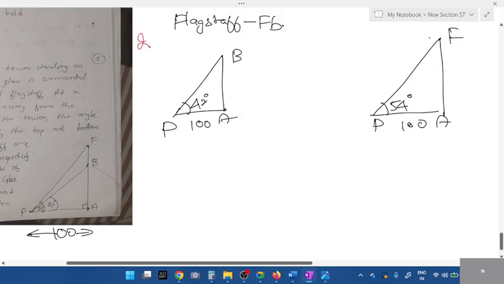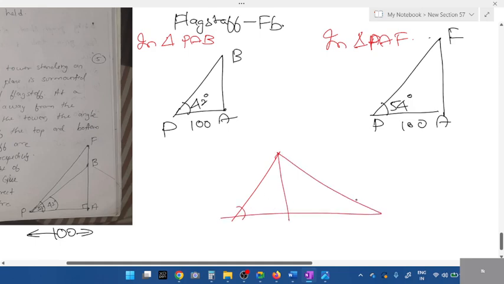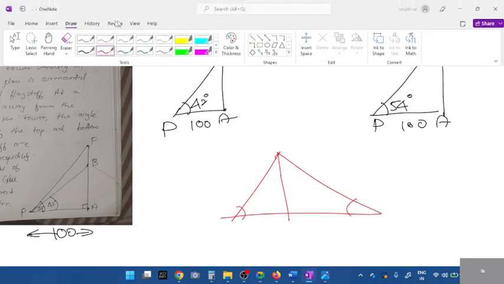So you have to mention in triangle PAB, do the calculation, draw the diagram in triangle PAF. Practice this after the class. Practice questions like this, where you'll have two triangles just like this, one or two questions.